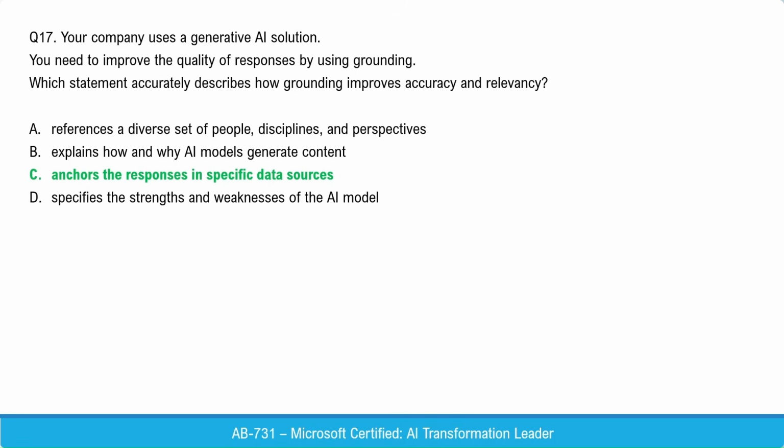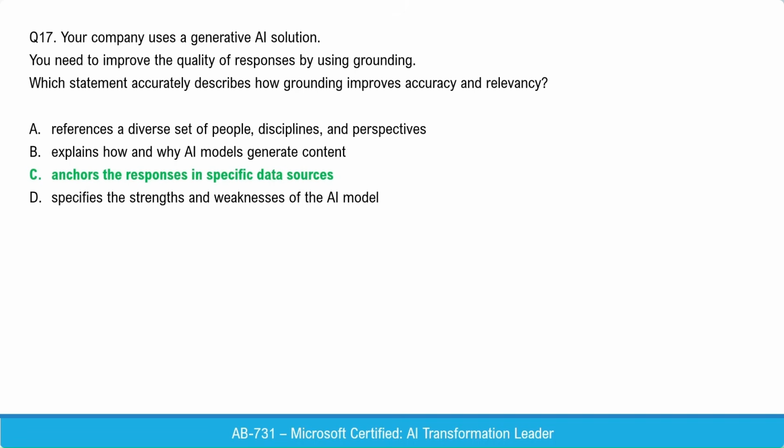Now let's look at option C. It says that grounding anchors the responses in specific data sources. This is exactly the definition of grounding. It improves both accuracy and relevance because the model is using real context specific information. Looking at other options, option A talks about diverse perspectives that is related to fairness and inclusiveness, not grounding.